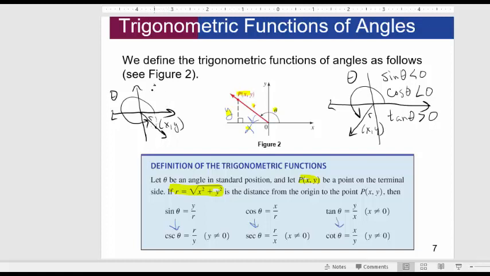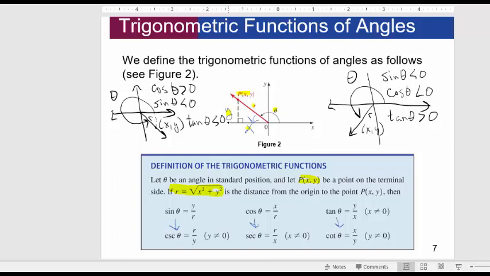So that means that cosine of theta is going to be positive, because cosine is x over r. Sine of theta is going to be negative because y is negative, y over r. And now tangent of theta is going to be y divided by x. So it's going to be a negative divided by a positive. So that's going to be negative.